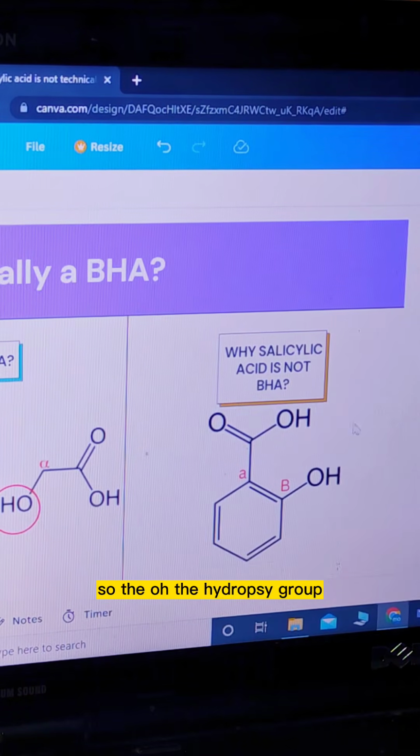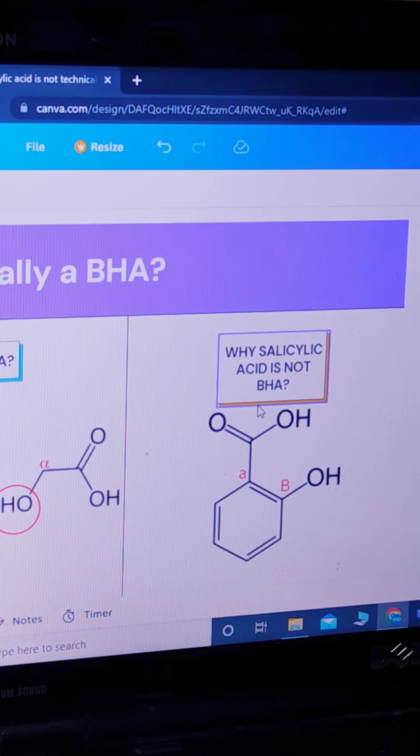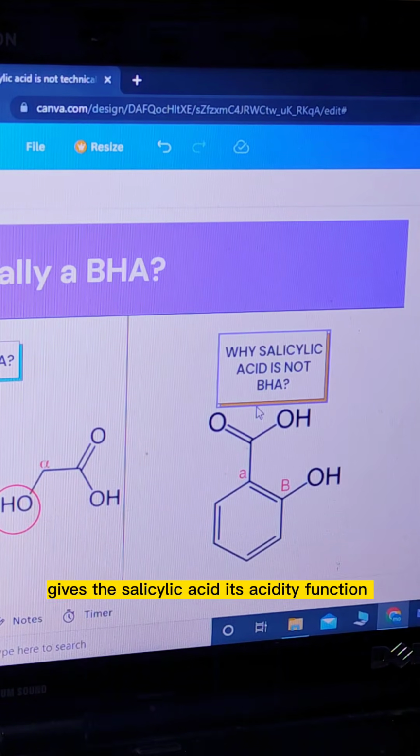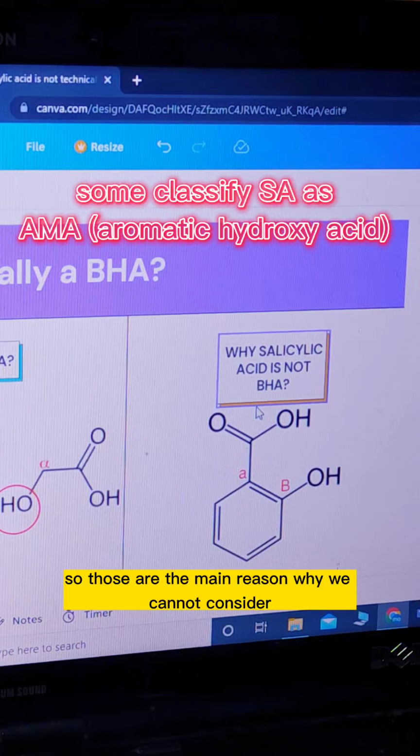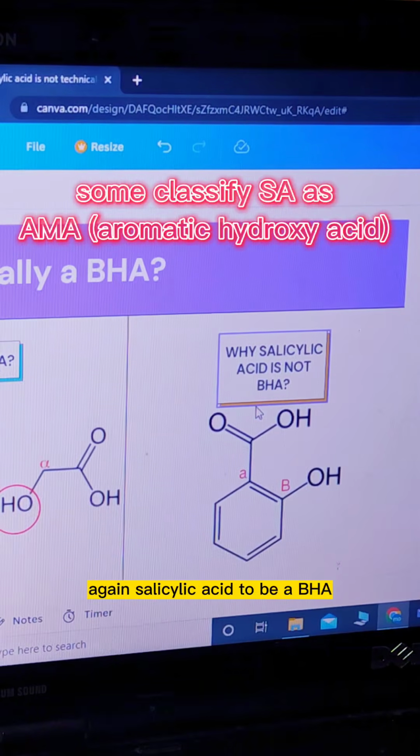So the OH, the hydroxy group, and the acid group, the COOH, both show acidic behavior, which gives salicylic acid an acidity function. So those are the main reasons why we cannot consider, technically again, salicylic acid to be a BHA.